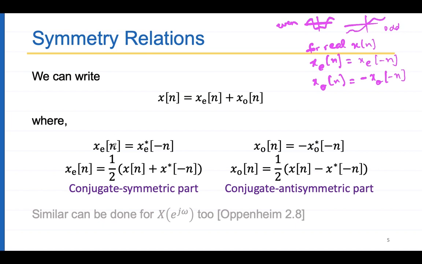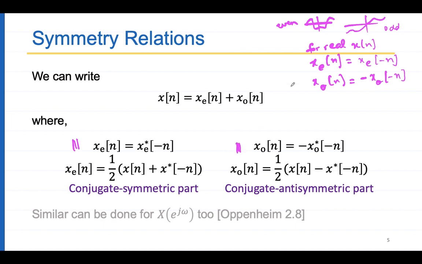I call the even part the conjugate symmetric part, because the conjugate is required since it is a complex number. So the conjugate symmetric part is x_e[n] = x*[-n]. This is the definition of conjugate symmetric, and this is the definition of conjugate antisymmetric.